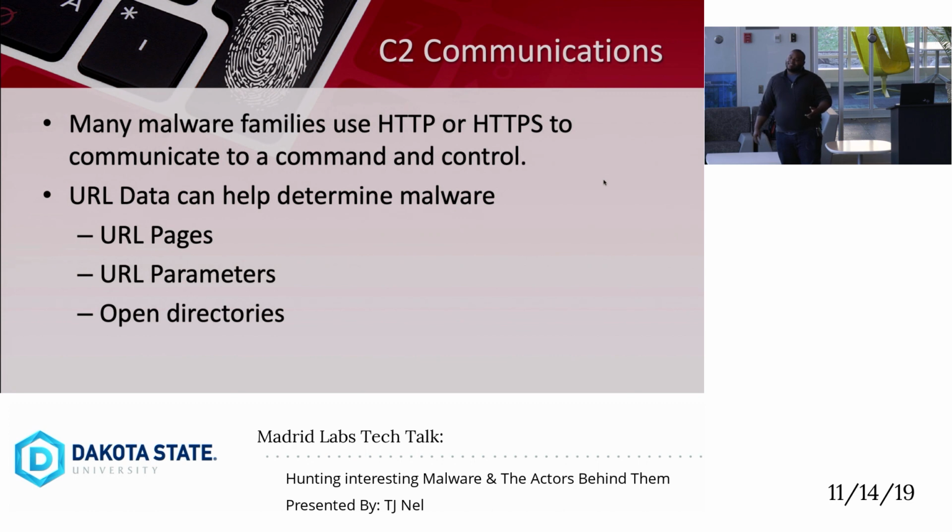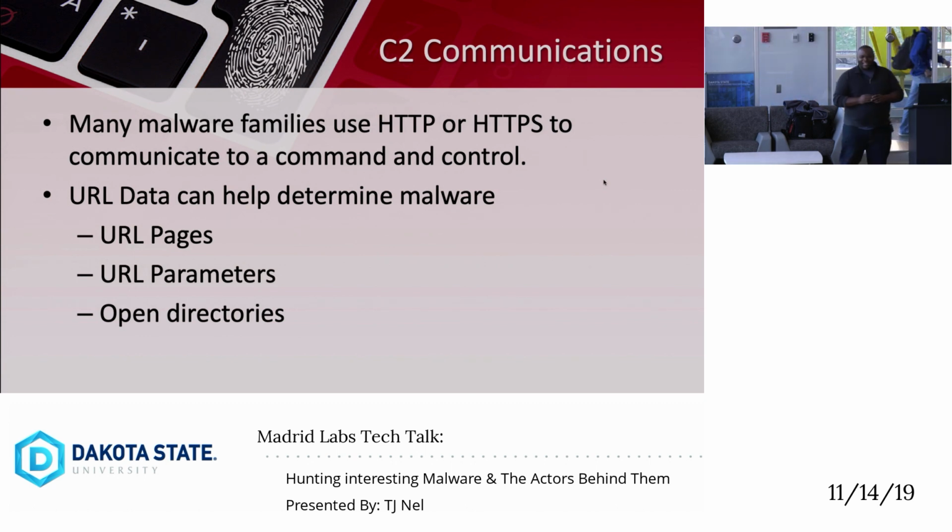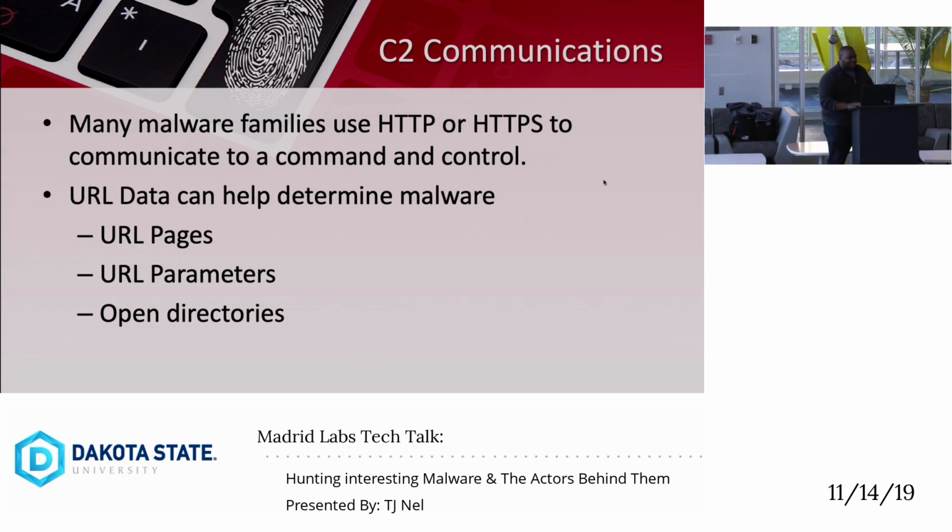So different things that are coming from your system as form input can be put in URL parameters, and you can track that to identify different pieces of malware. The last one is that some malware actors get a little fast and loose with their implementations of their operations, and they won't put something as simple as an index file, and they end up having open directories, and we'll talk about those things over the next couple minutes.